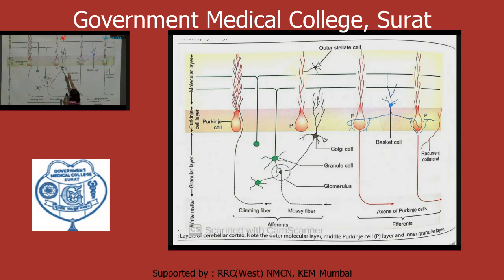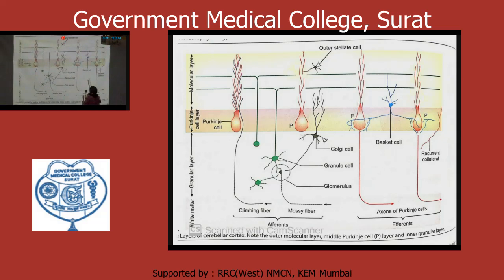From here you can see the lateral inhibition of the basket cells. That is, the basket cells are inhibiting the adjoining cell area, and the granule cells are synapsing via parallel fibers to the Purkinje cells.